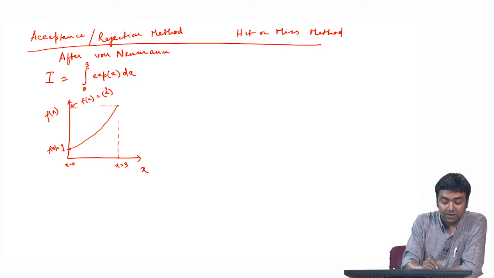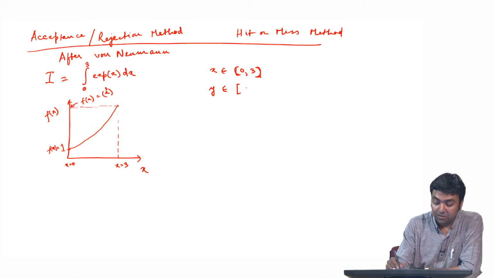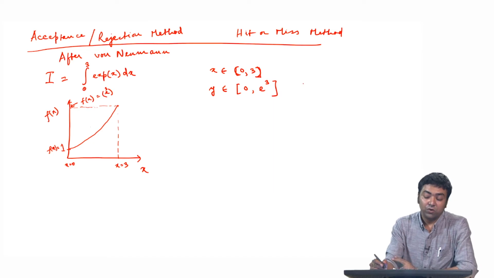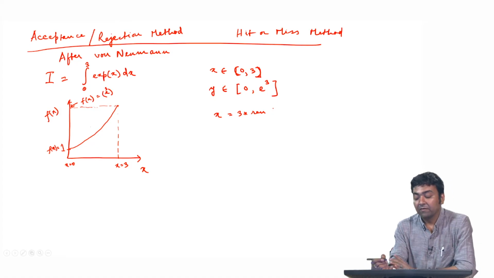So, what is done in this method is I consider this rectangle. My rectangle is defined by x belonging from 0 to 3 and y belonging from 0 to e to the power 3. And then I generate two random numbers. I generate a random number x, which is 3 times my original random number.